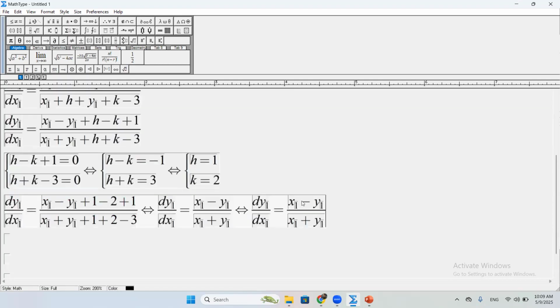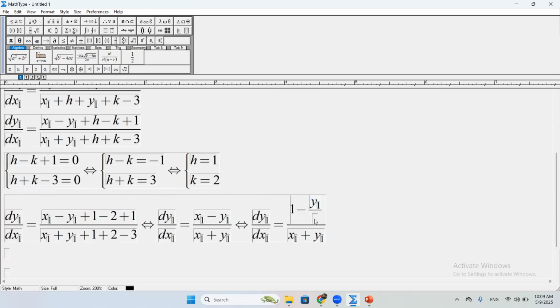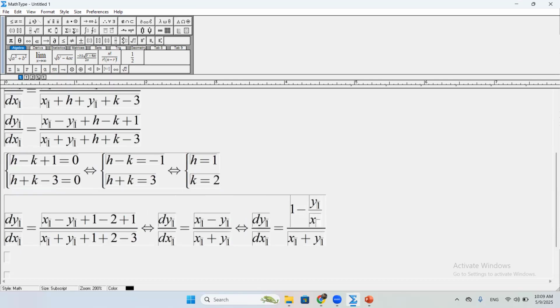And now let's divide both parts. Let's divide both the numerator and denominator of the right part by x1. So what I have here: 1 minus y1 over x1, and over 1 plus y1 over x1.